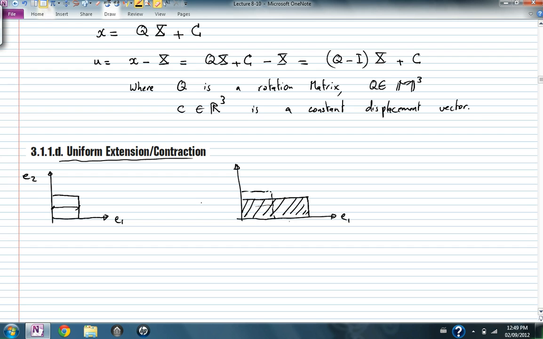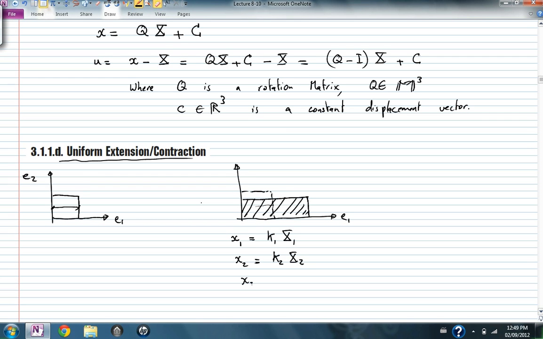Such that the new position x1 is equal to a multiplier by X1. The new position x2 is equal to a multiplier by X2.